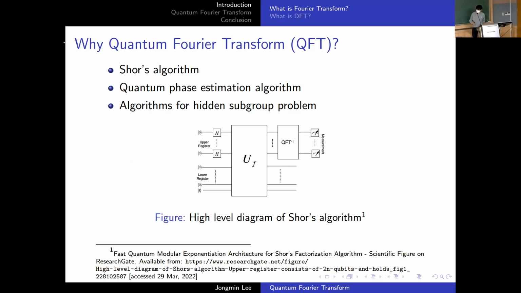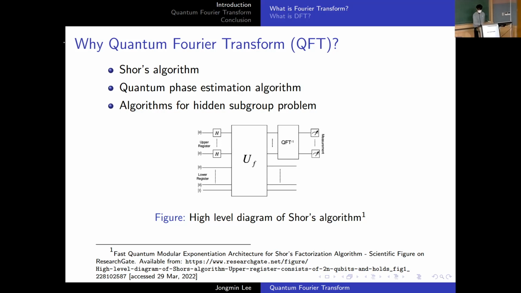I will introduce the QFT, since it is the quantum version of the discrete Fourier transform in signal analysis, and this is important since many of the algorithms are using this QFT.